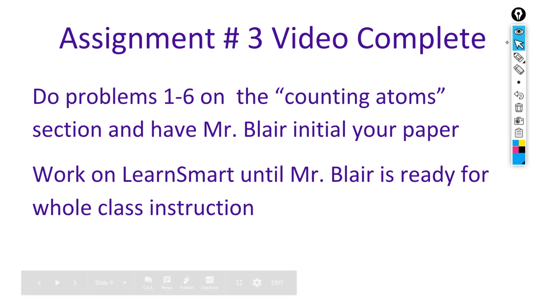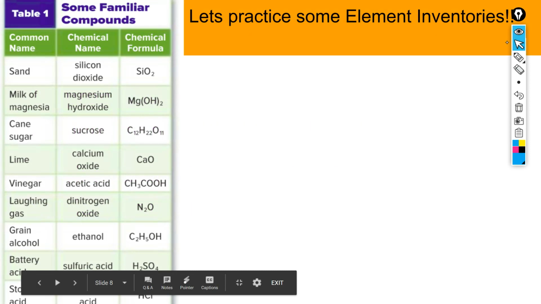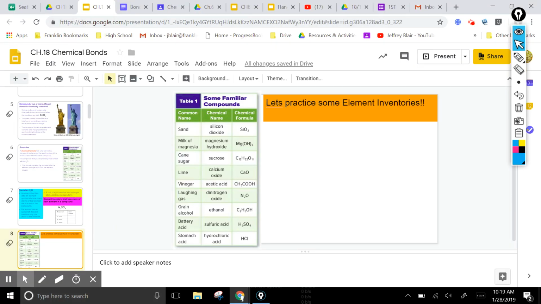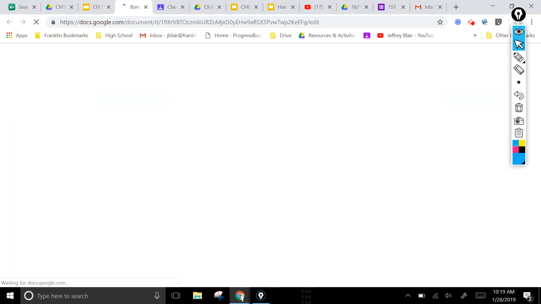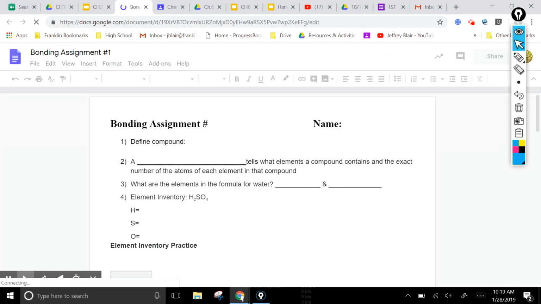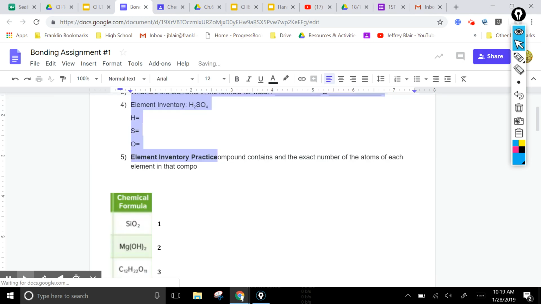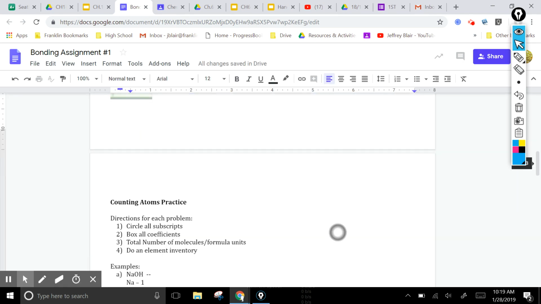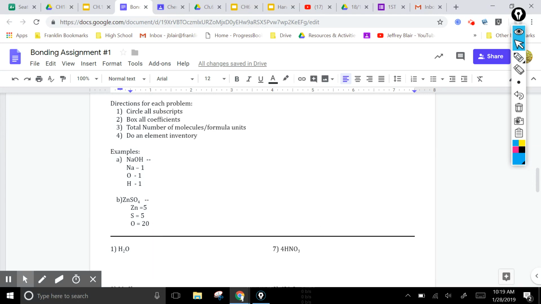So we've got some practice problems. I want to see if I can bring those up here. The second page says to circle the subscripts and box the coefficients. So circle the subscripts, box the coefficients.